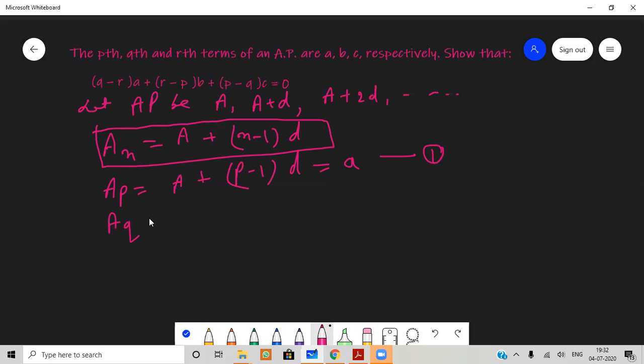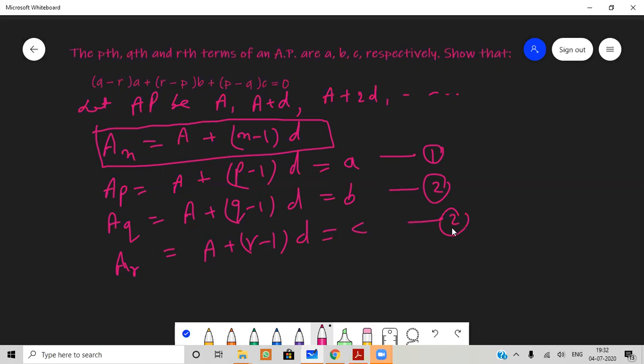And Aq, the qth term, will be A plus q minus 1 into d, and they are saying it is equal to b, equation 2. And then the rth term, Ar, by the formula is A plus r minus 1 into d, and they are saying it is equal to c. I got three equations.